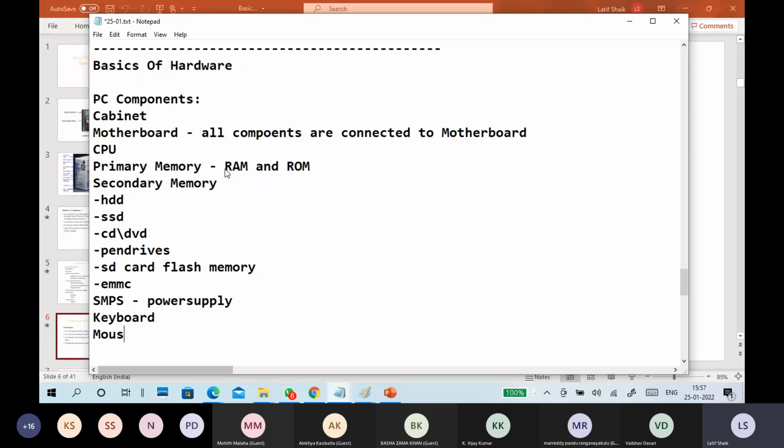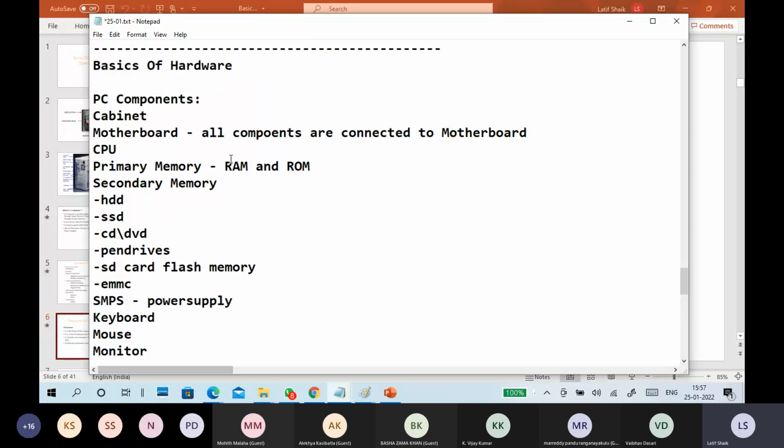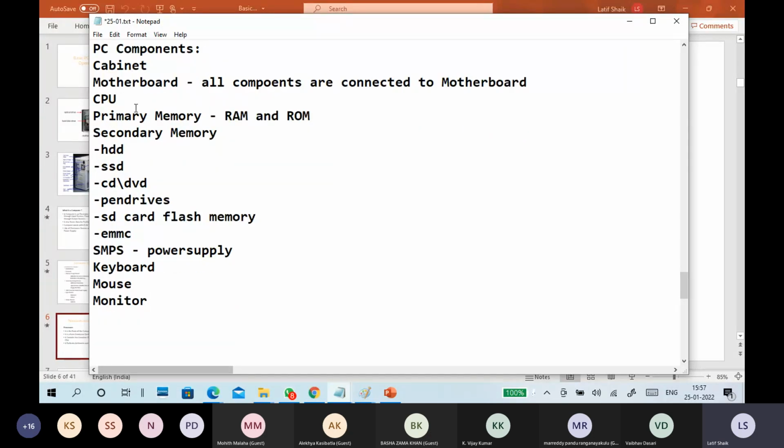mouse, monitor. Out of these, we compulsorily have to discuss a few things, because when you buy a computer, select a computer, or troubleshoot a computer, you must know about certain components. One is the CPU, another is the motherboard, next is primary memory, and the secondary memory things like a hard disk, CD-ROM, SSDs.